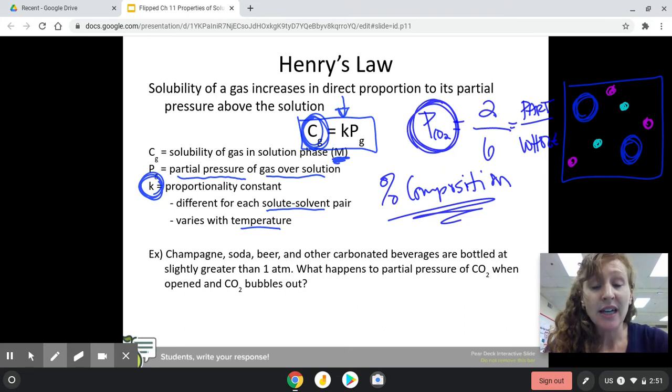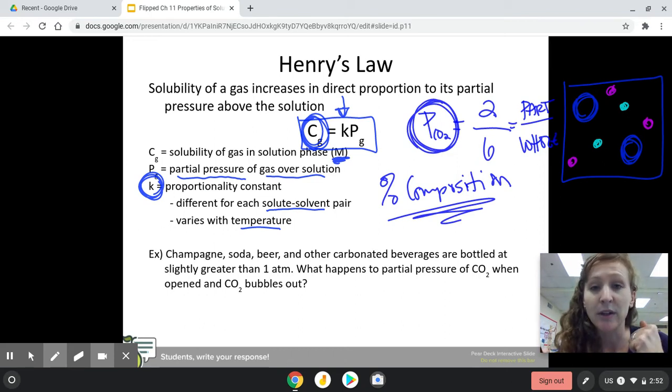But usually on the AP test, when you're talking about Henry's law, you usually don't calculate anything. You use it to gauge a change, or you talk about it relative to Henry's law. So for example, if partial pressure goes up, what's going to happen to solubility?